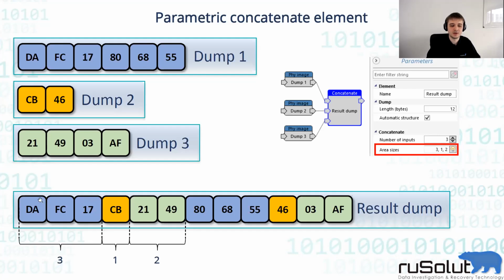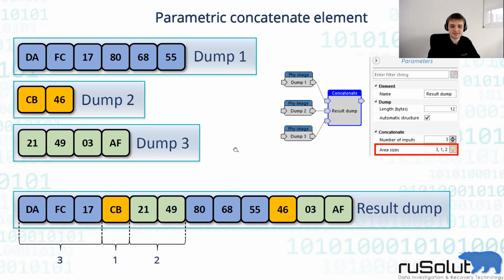You could see here 3 bytes from the first input, 1 byte from the second input, and 2 bytes from the third input. And then after 1 cycle of this concatenation is done, the element will continue till the end of the source dump. So you will receive 1 single dump concatenated by this rule and these parameters.